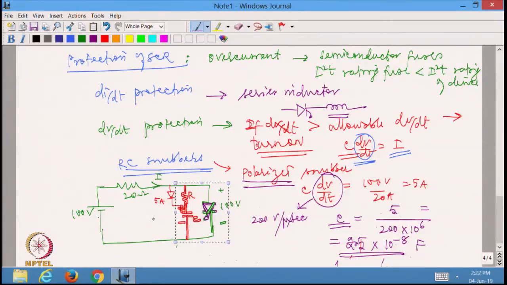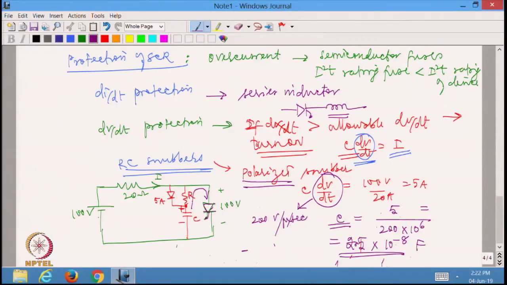But what is the role of this resistance? That is what we will have to check also. I have turned off the SCR. Now, if I am going to turn on the SCR, please note the capacitance will try to discharge through the SCR. If I do not have a resistance, the current that will be flowing through the SCR, although it is in the correct direction, flowing from anode to cathode, is going to exceed the limit.